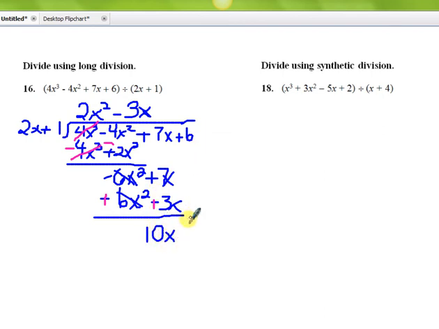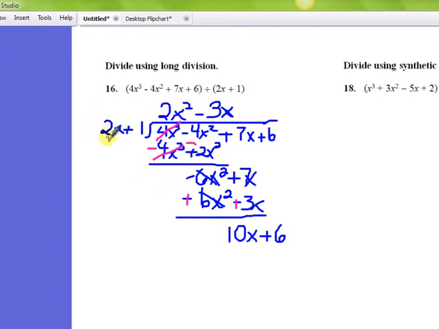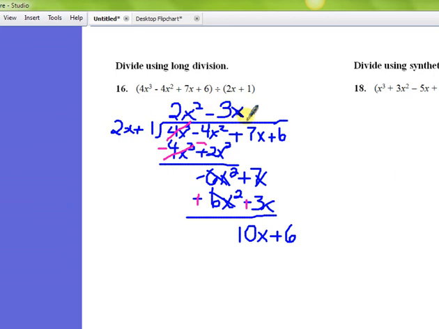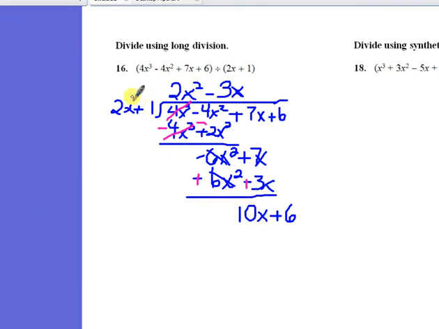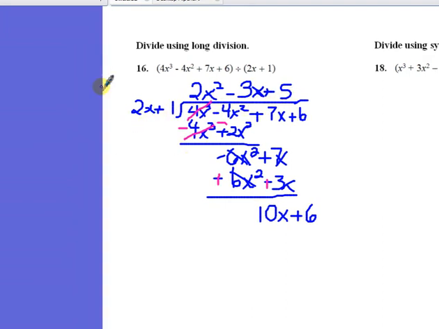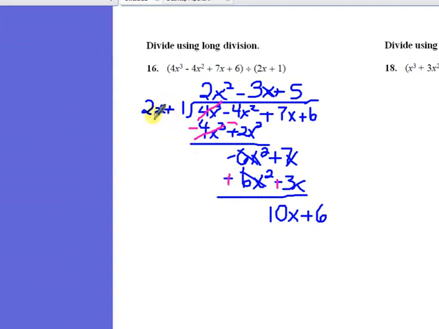I'm going to pull down that last available term, which is plus 6, and repeat that whole process over again. The number that goes right here will be the number that multiplies out to equal 10x. So 2 times 5 gives me the 10x.